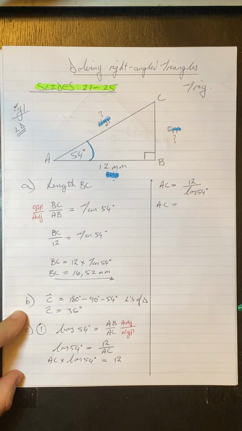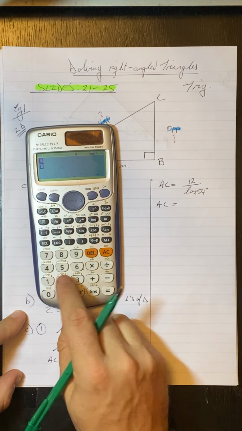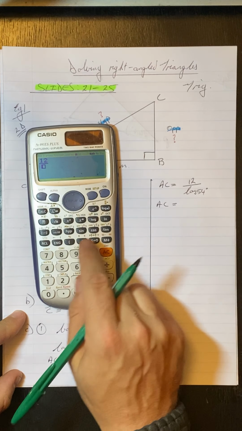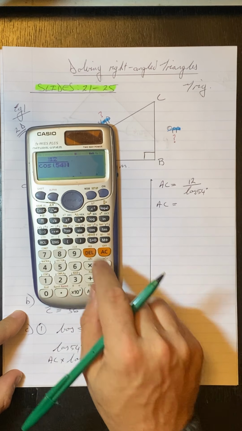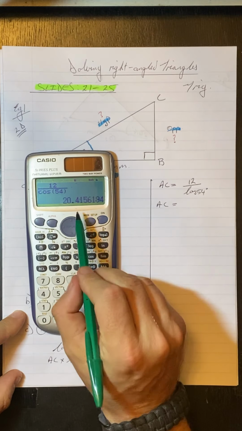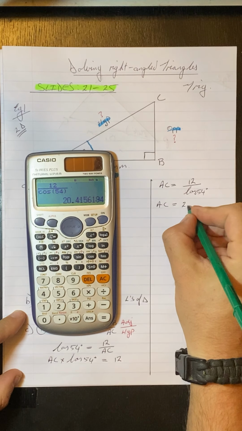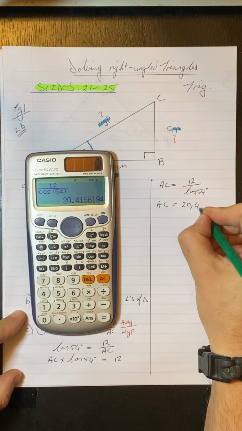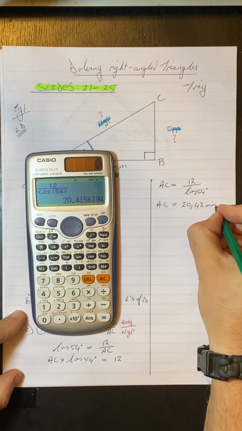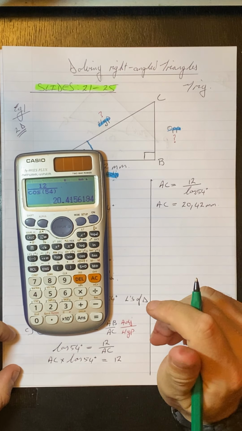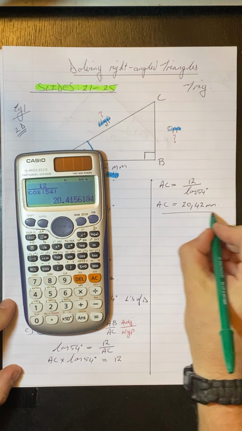And this I can put on the calculator. So 12 over cos 54. Round that off to 2 decimal places, and we get 20.42 millimeters. Okay, so that's one way of doing it.